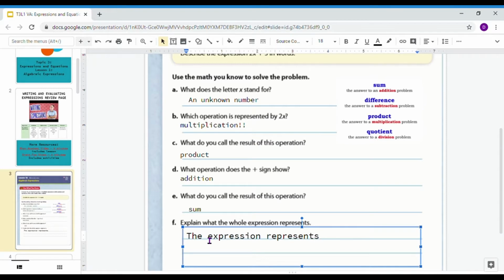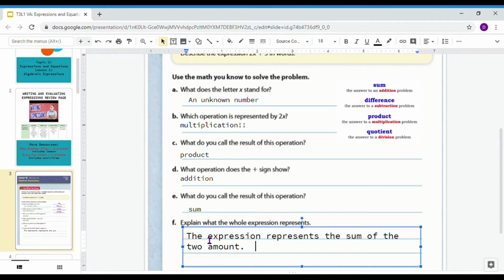That's very helpful on your MSTEP and your NWEA test, using the same verbiage that the test is using. So just keep that in mind as we write in complete sentences. So the expression represents the sum, which is the answer to an addition problem, of the two amounts.